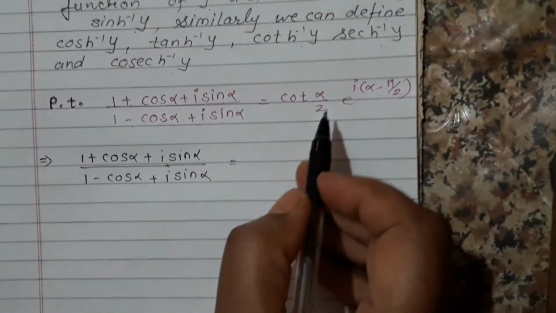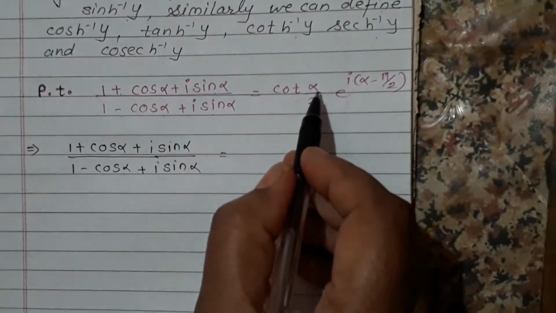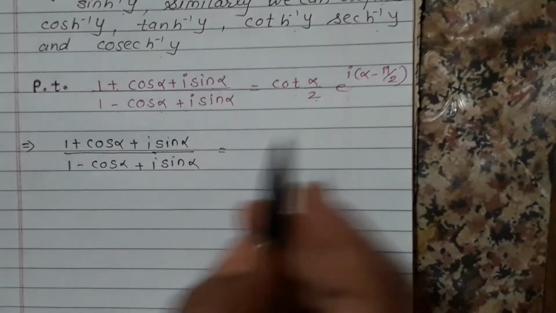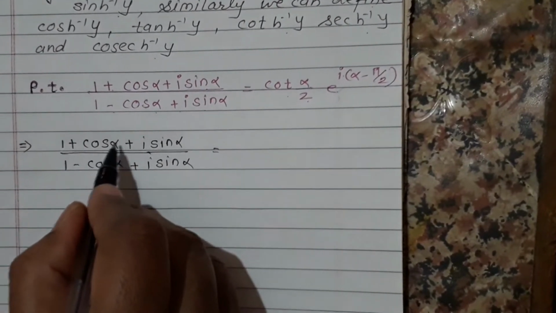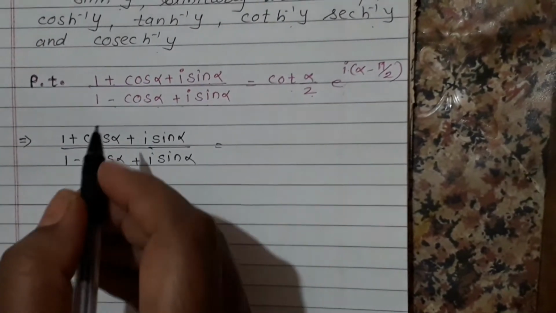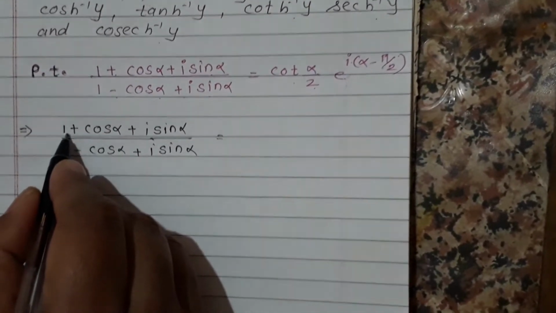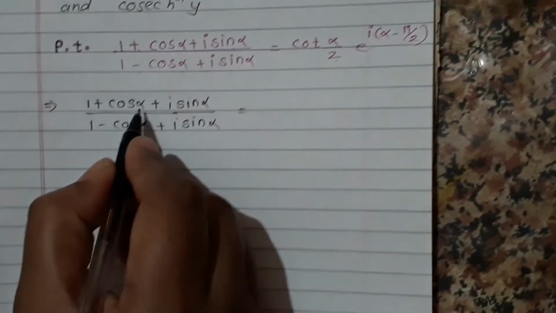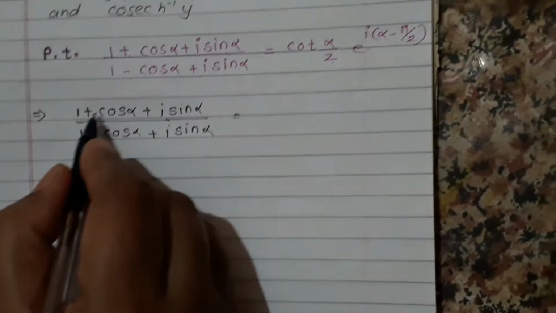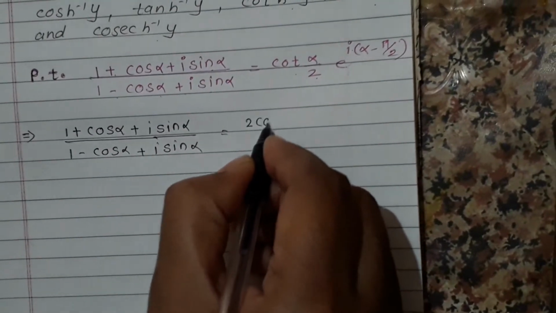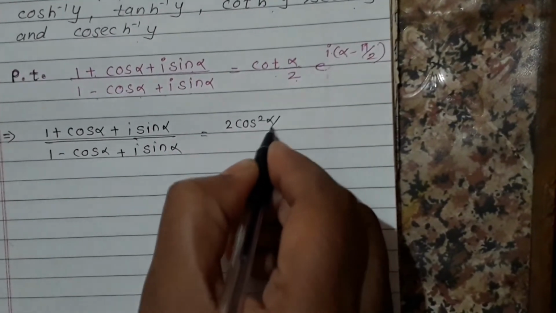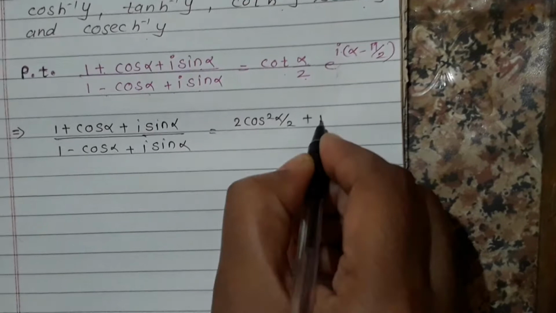Now as in that result there is a half angle of alpha, that is alpha by 2, so there is one hint for us to solve the problem, that we have to convert alpha into half angle. We know that 1 + cos alpha is nothing but 2 cos square alpha by 2. So we write 1 + cos alpha as 2 cos square alpha by 2, plus i as it is.